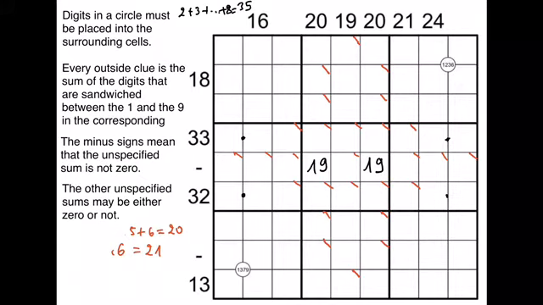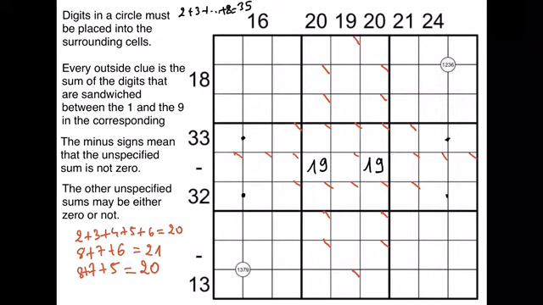I forgot about this, and I shouldn't delete that. You see that the most you can make out of 3 digits is 21 with 8, 7, and 6. So there's actually only one way to have a sum of 20 with 3 digits, and that's with 8, 7, and 5.